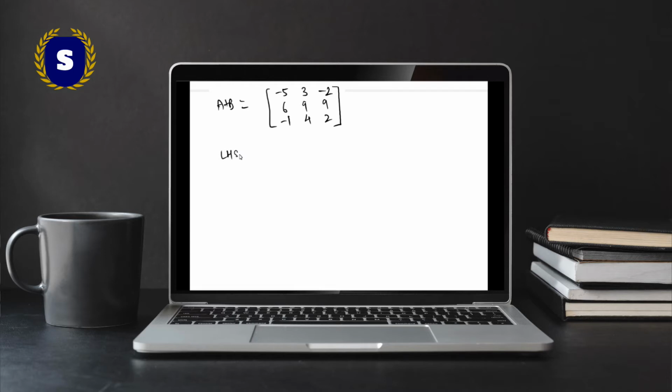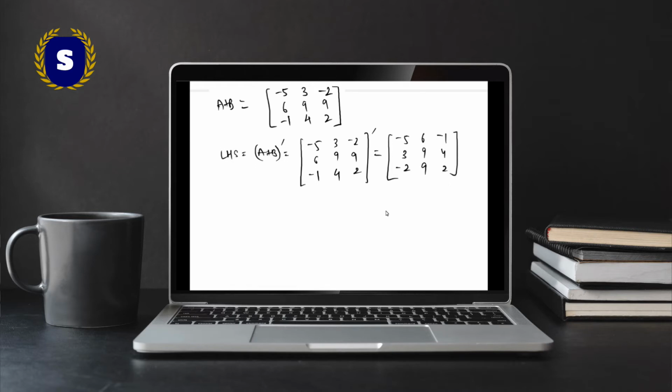So, LHS, that is A plus B transpose, is equal to the transpose of this matrix. Right now I'm copying the matrix and will add a transpose sign here. So this will give me the resultant matrix. It says minus 5, 3, minus 2, 6, 9, 9. I've calculated the transpose here.